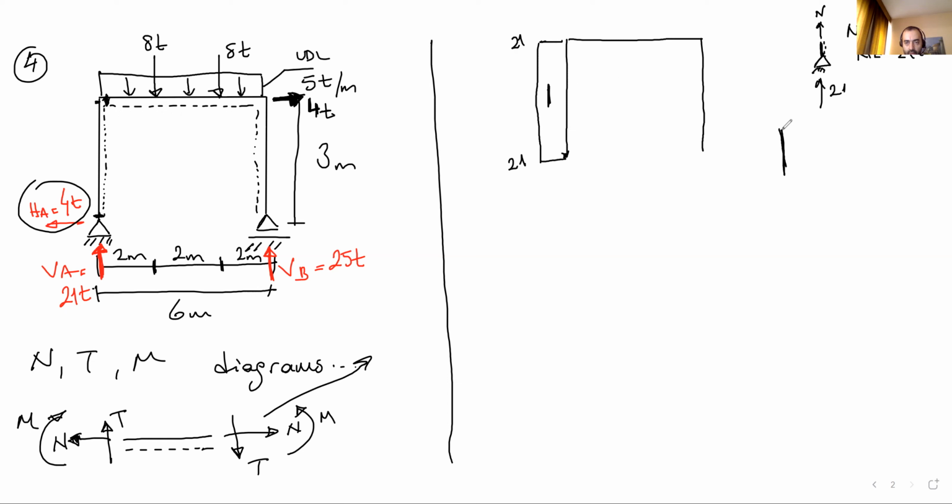This is the column, this is the small portion of the beam. What I have is a horizontal 4 in this direction. I don't know the axial force at this point, so let's write N minus 4 equals 0. So N equals 4 tons. Here at this corner, my axial force is 4.